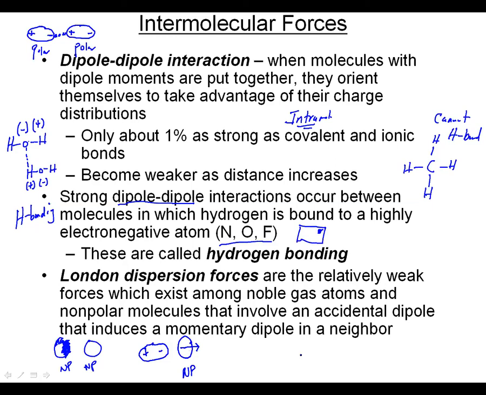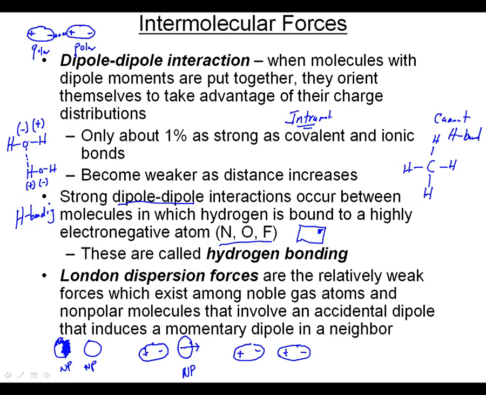And what happens in that case is now we end up with our first molecule that gained a temporary positive negative side. Our second molecule will also now gain a temporary sort of positive and negative side. And these two nonpolar molecules that started out with really no charge have now temporarily gained a charge.